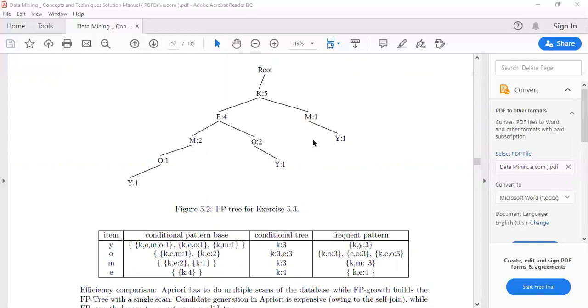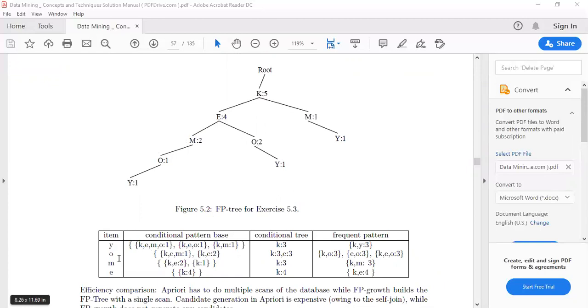Again the third path, how it is coming, K, M. This is another path. So your Y can be reached with 3 paths: this one path, this second path, and this is the third path. Like that it can be combined.